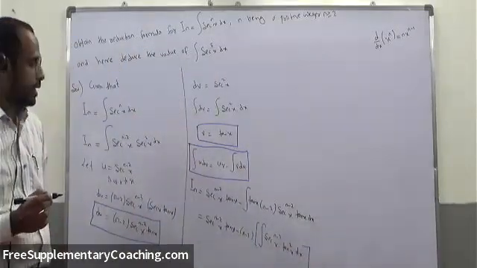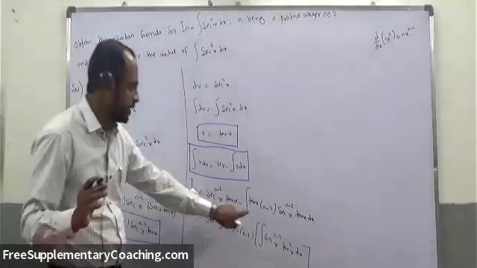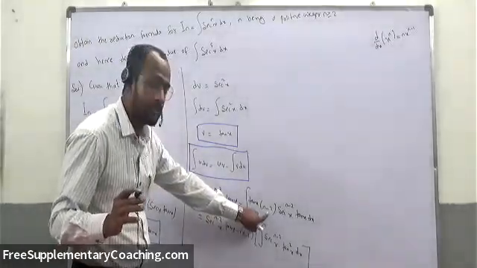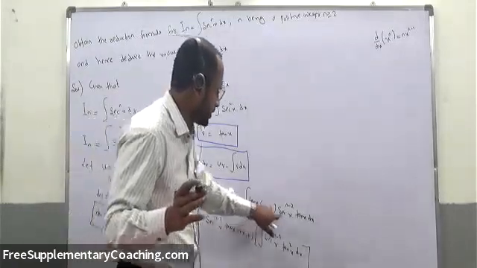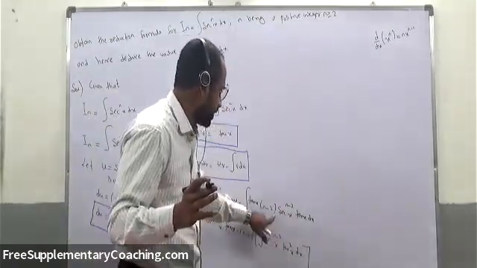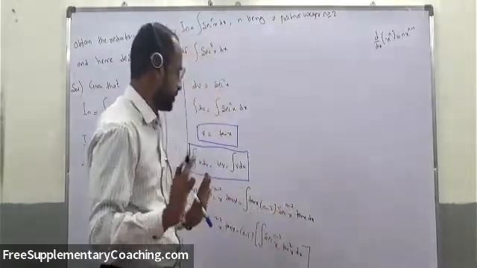Okay. So just here I have taken out this term outside, and I have multiplied tan x into tan x is tan square x, secant power n minus 2 x as it is.